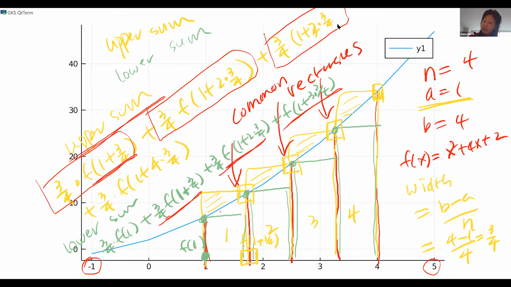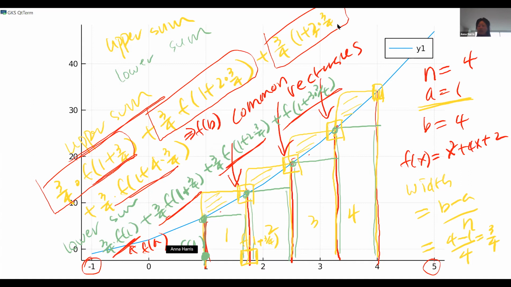That's right here that I'm talking about, these 3 items. Lower sum starts with the very beginning, f of a or f of 1, and upper sum ends with the last one, which is f of b. So this is the same as f of b. Over here is the same as f of a.